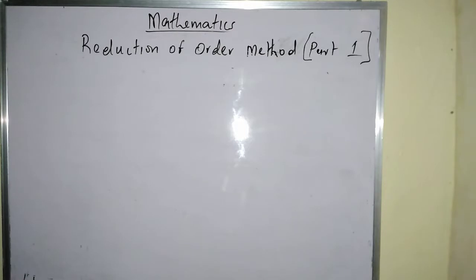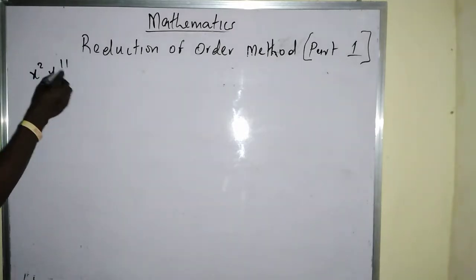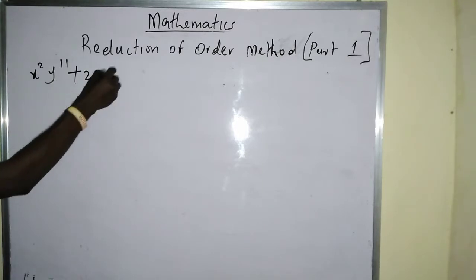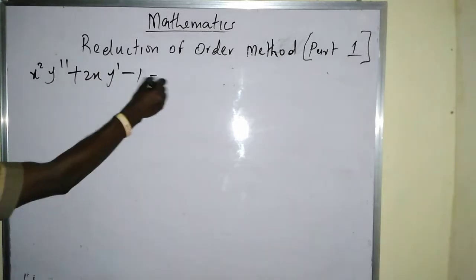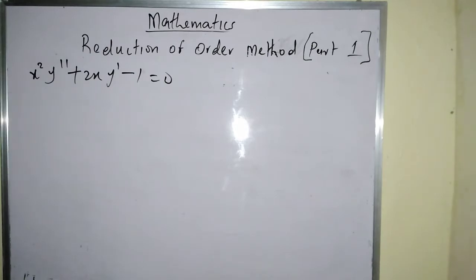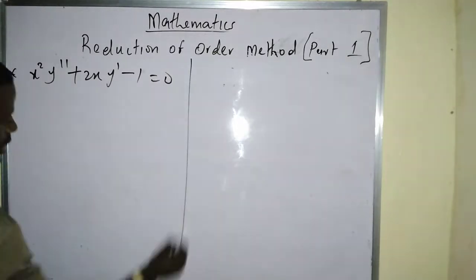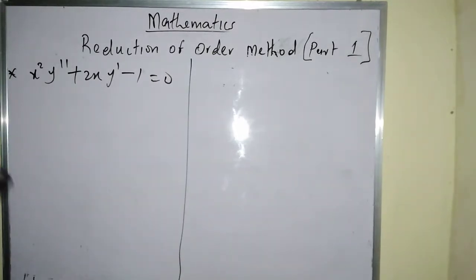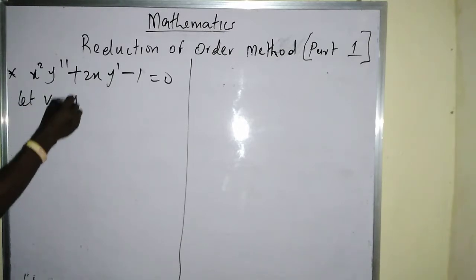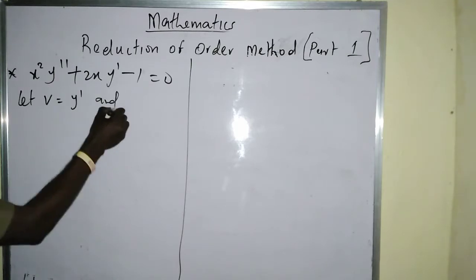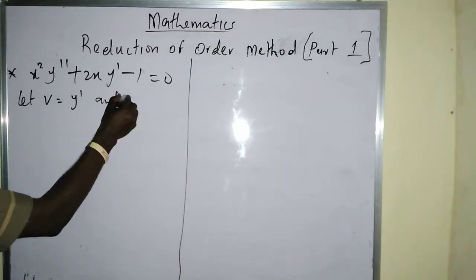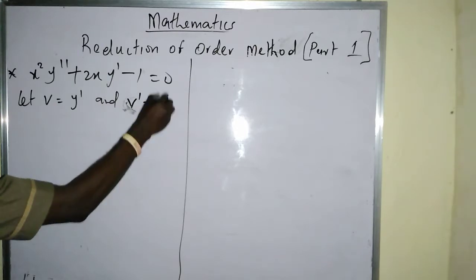Now, I have x squared y prime plus 2xy prime minus 1 equals 0. I want to solve by reduction order method. It won't be very hard. What I will just do is let my v equal y prime, and also my v prime equal y prime.